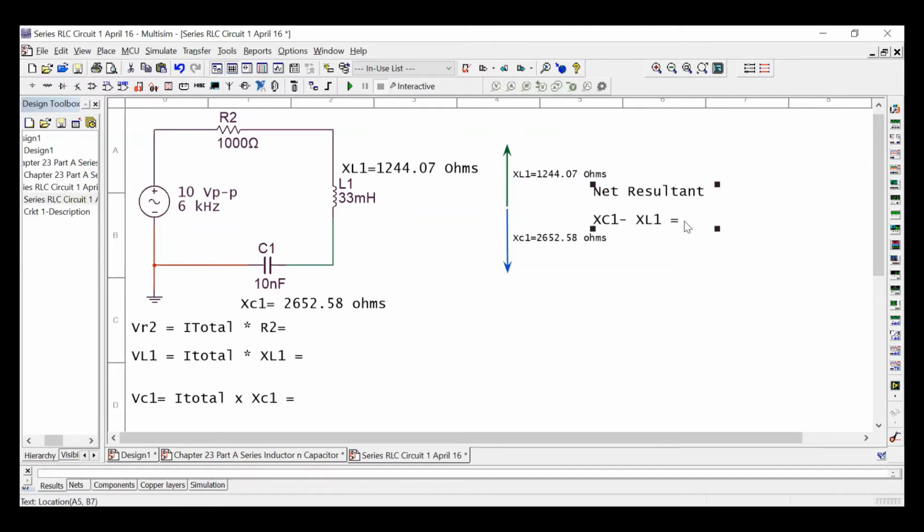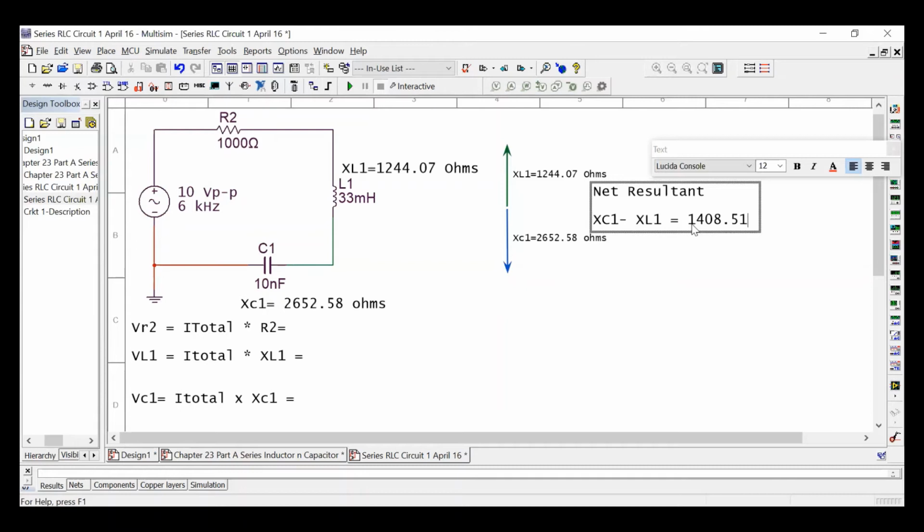So what do we get when you actually subtract these two? I got 1408.51. 1408 point what? 51. Okay.